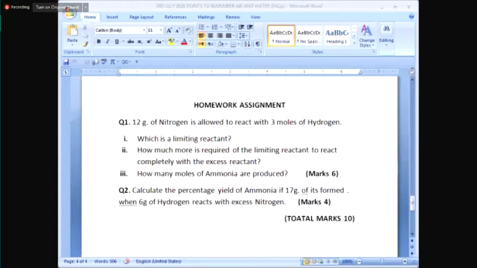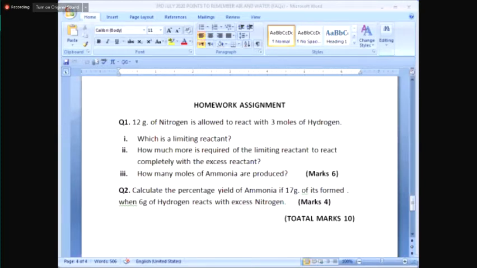Now coming to question number 2, which is very simple, which says calculate the percentage yield of ammonia, if 17 gram of it is formed, which is the given amount formed when 6 gram of hydrogen reacts with excess nitrogen.